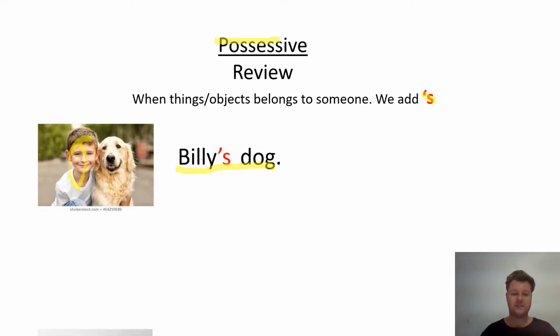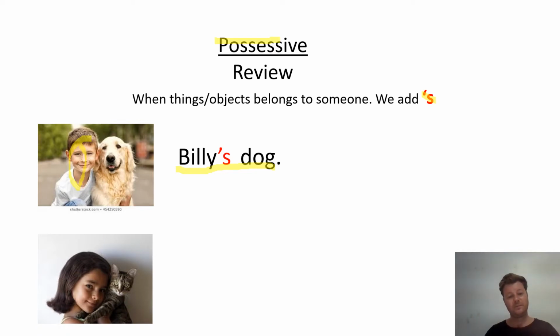Let's do one more example. So what can we see in this picture? Picture number 2. Yes, I can see a girl and meow, a cat. So let's look at our sentence. What is the girl's name? Susan. Very good. The girl's name is Susan.